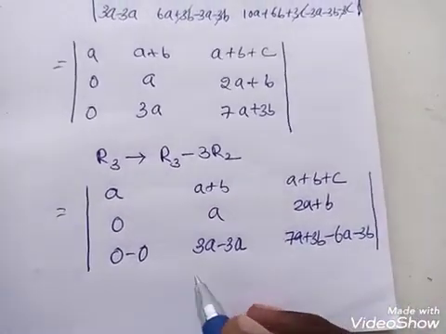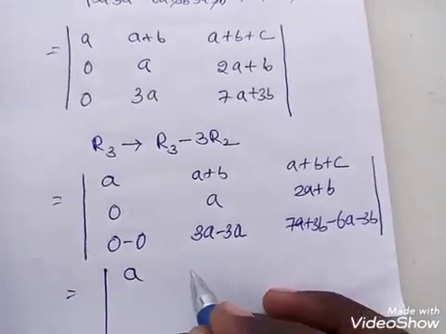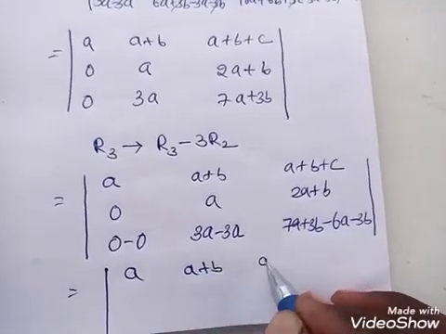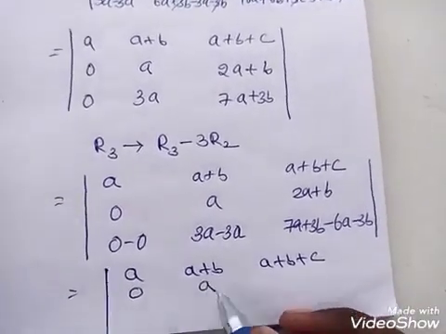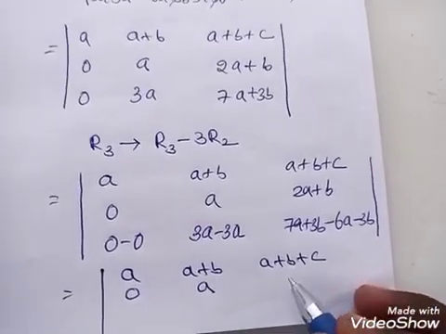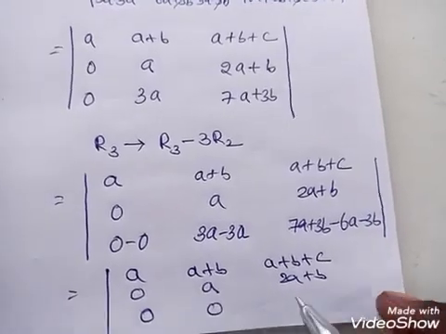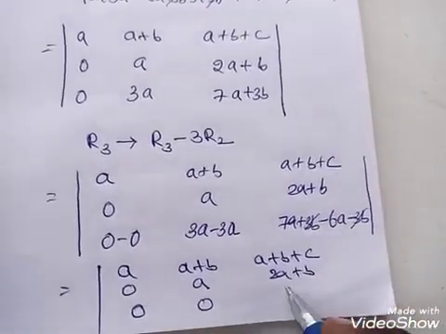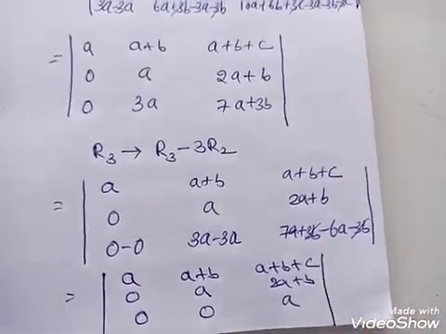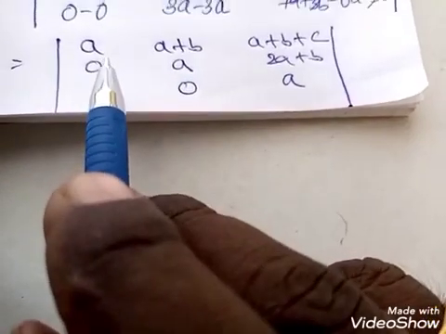Here minus 3b plus 3b gets cancelled, 7a minus 6a is a.